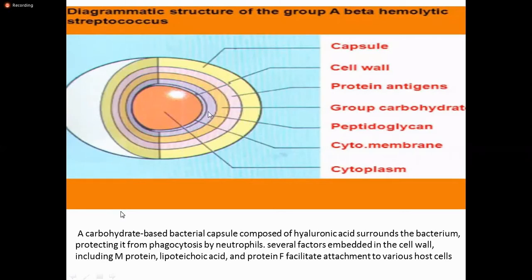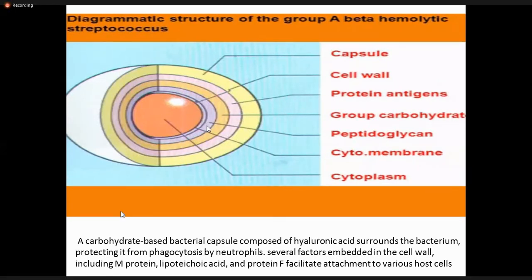And then there is a cytoplasmic membrane, and inside it the cytoplasm. This whole structure of peptidoglycan and carbohydrate consists of a hyaluronic acid around the bacterium.